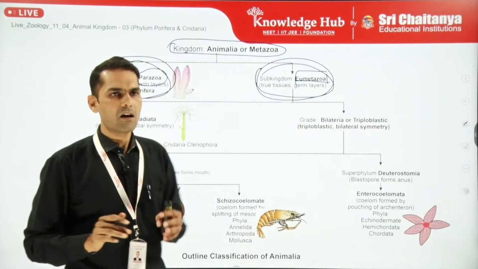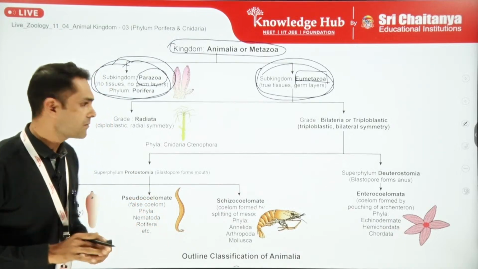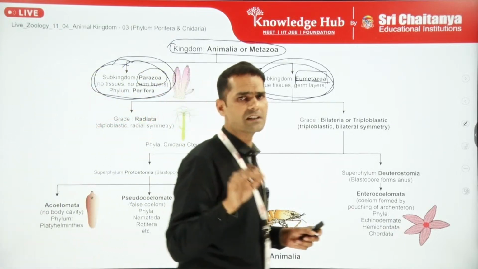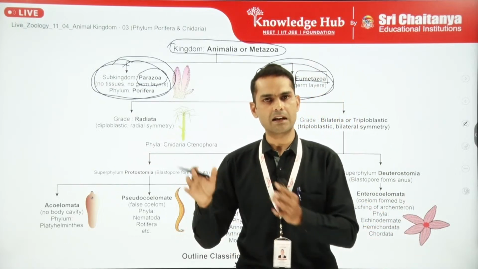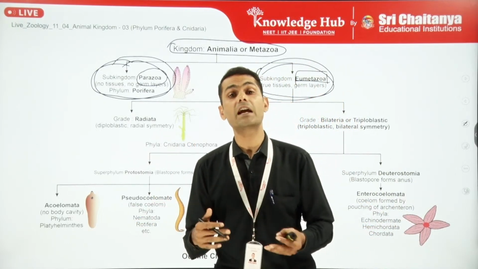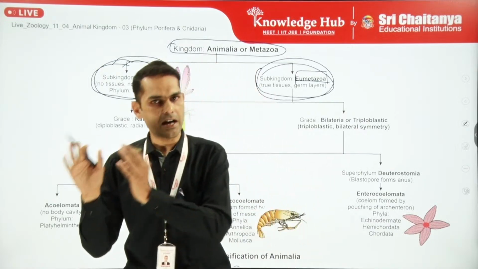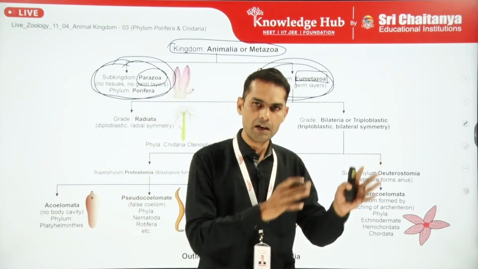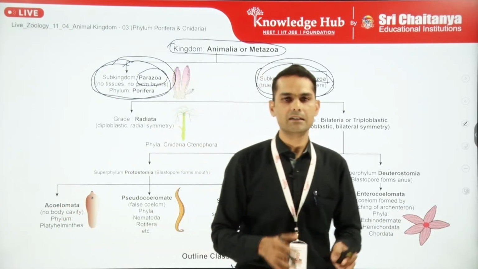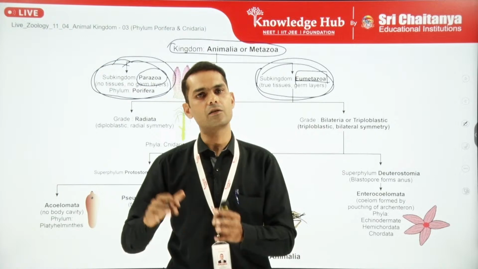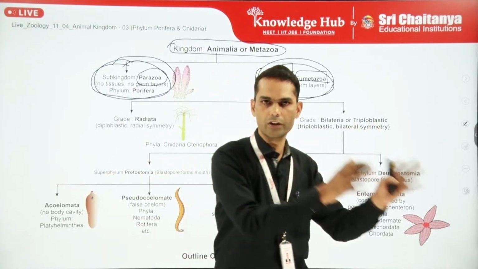Now, further, on the basis of symmetry, as you have studied in the previous sessions, symmetry is of two kinds, bilateral symmetry as well as radial symmetry. Also we have studied coelom as schizocoelom and enterocoelom, and on the basis of blastopore development, organisms are categorized either into protostomiates or deuterostomiates.